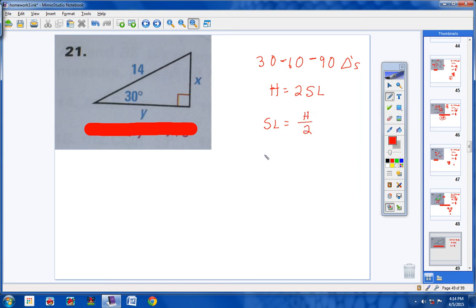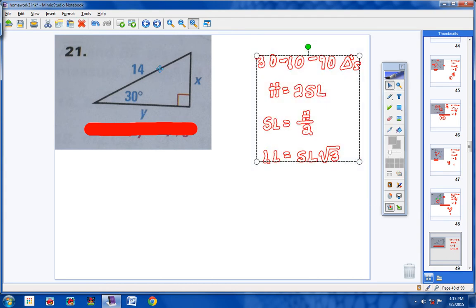The longer leg always equals the shorter leg times, let's see, square root of 3.